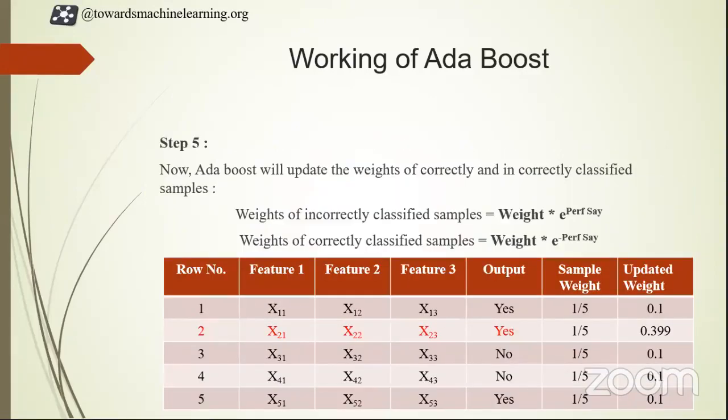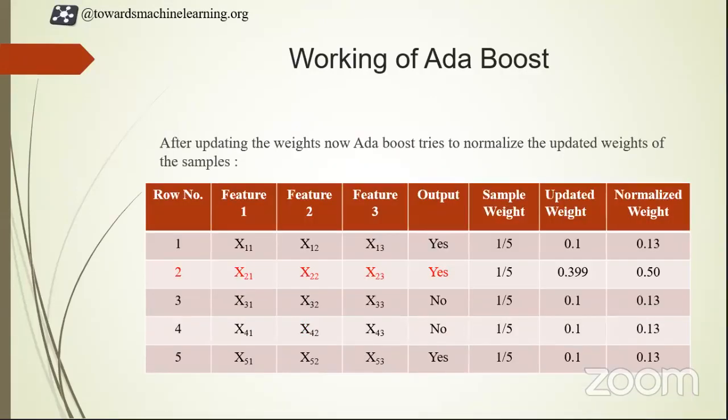One important thing is that after you update these weights, you need to normalize them. As you can see, in the sample weight, when we add all the weights together, we get 1 as the total weight. But when you add all the updated weights together, you will never get 1. To solve this issue, we normalize the weights.